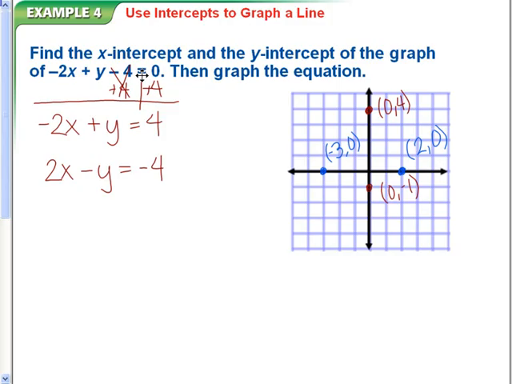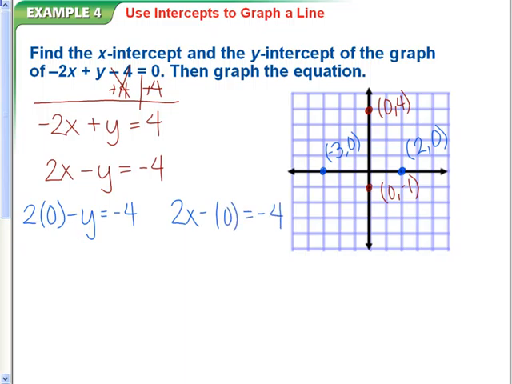So to find a quick intercept, you need to put in 0 for y, and you'll find the x-intercept. You'll put 0 in for x, and you'll find your y-intercept. So this is what that would look like. 2 times 0 minus y equals -4. This is going to find your y-intercept. 2x minus 0 equals -4.